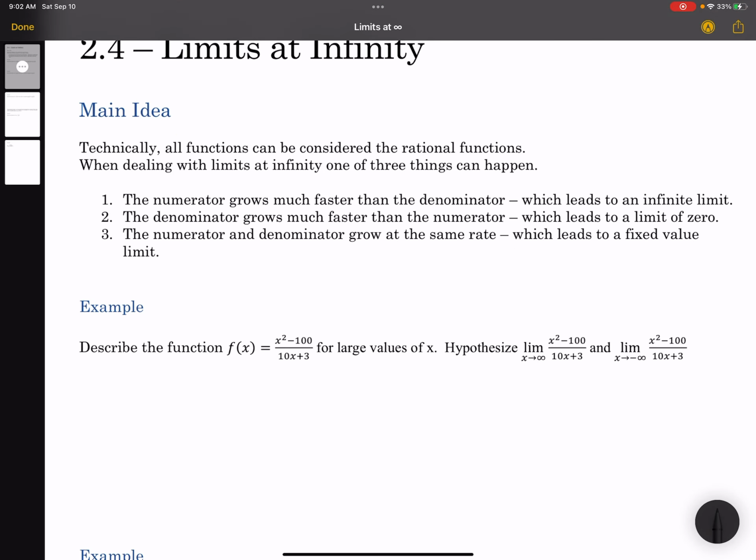So let's consider the value f of 100,000. If I remember from that table, f of 100,000 was 99,999.97. We also want to consider the value f of negative 100,000.